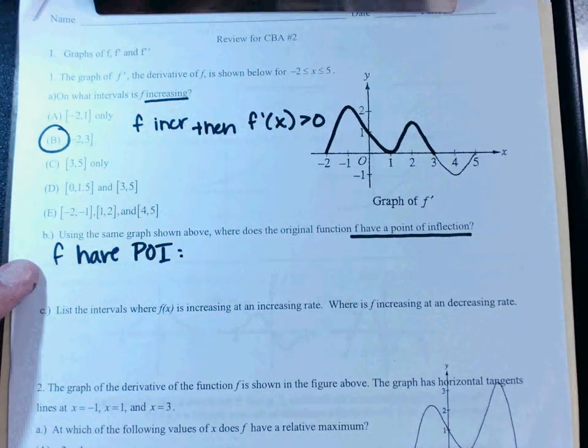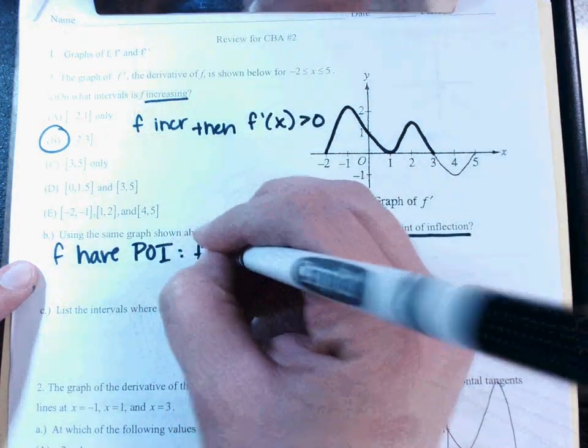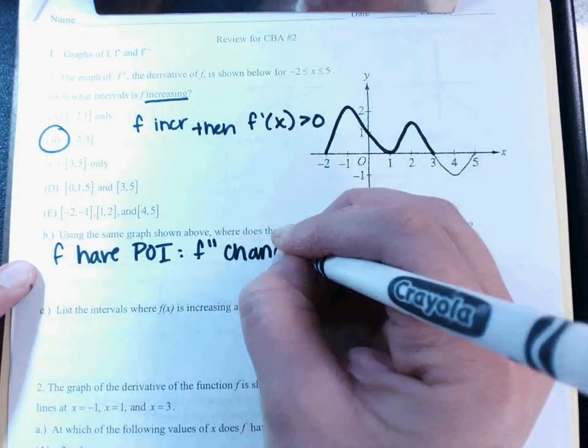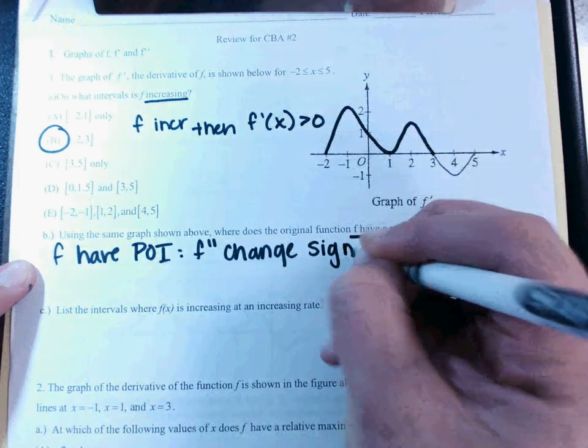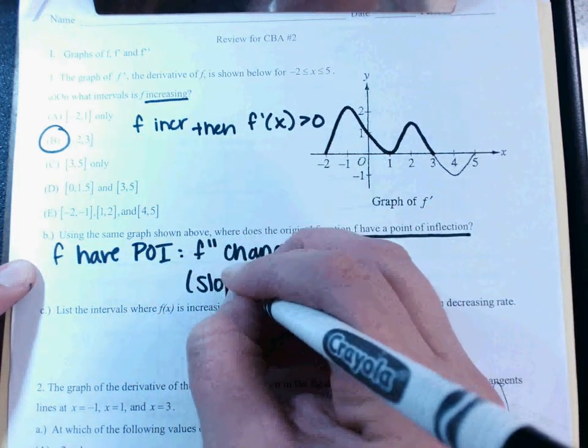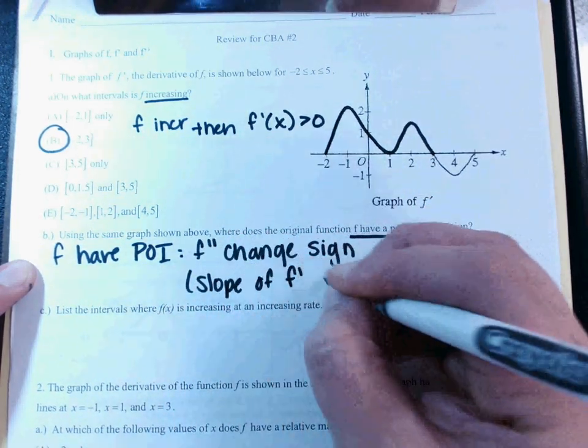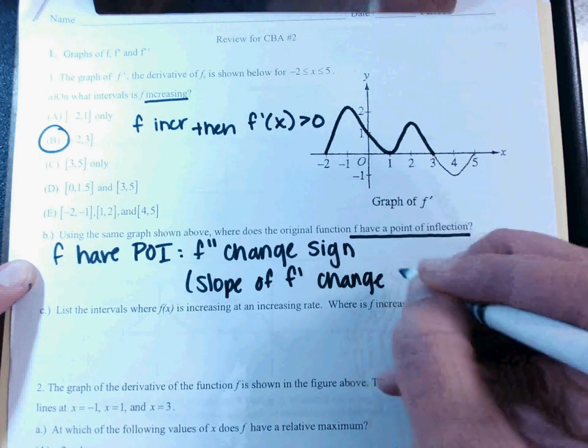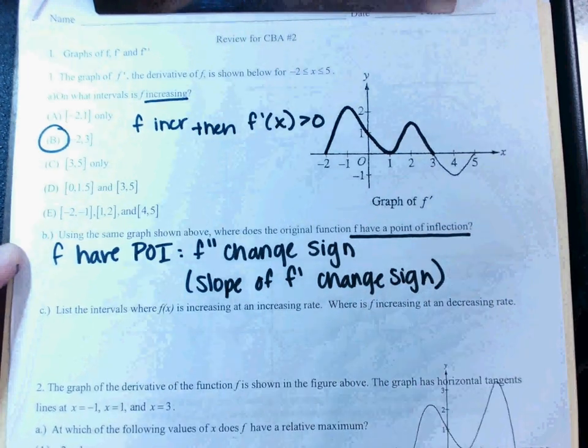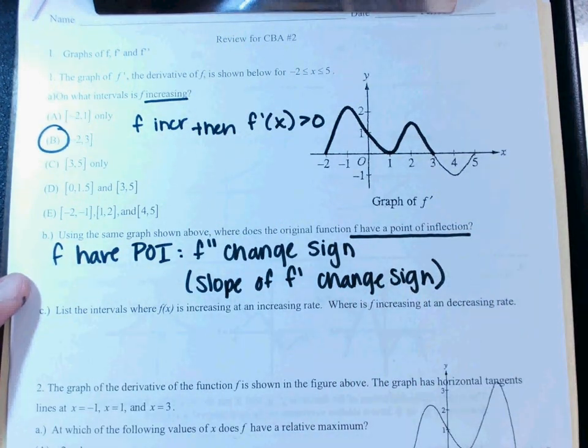A slope. Very good. So I need F double prime to change sign, which is the slope of F prime to change sign. Point of inflection, second derivative. If this is F prime, F double prime is the slope.